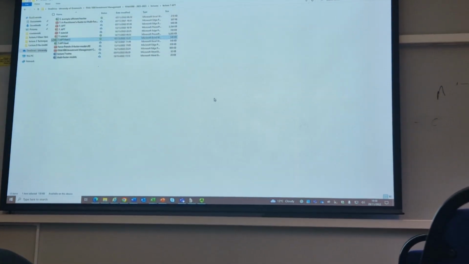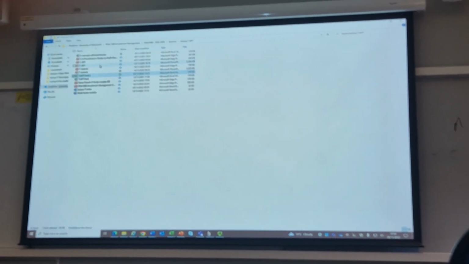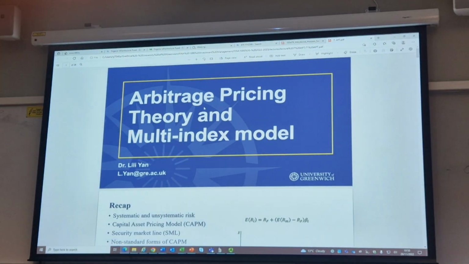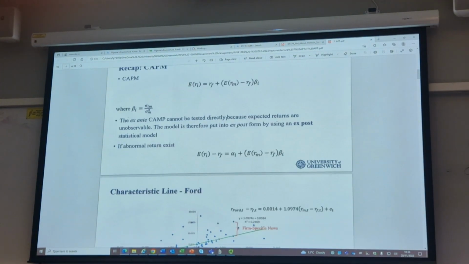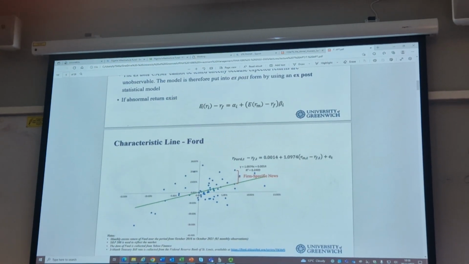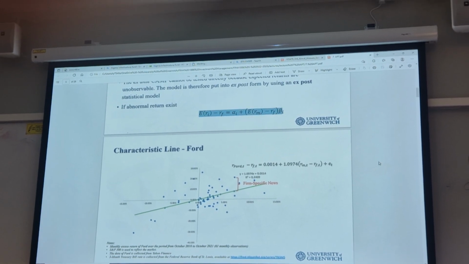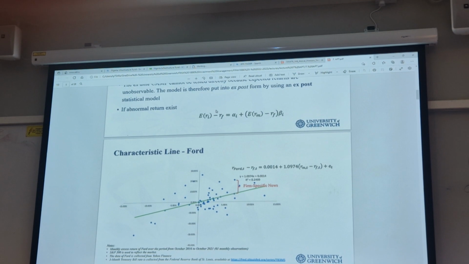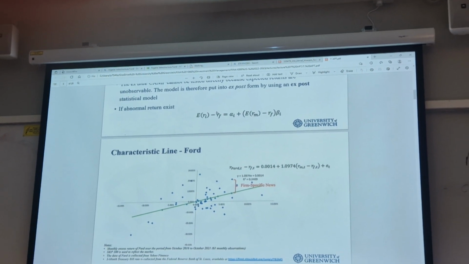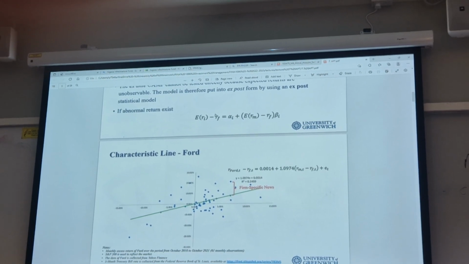Do you still remember the CAPM model? This is basically the equation to show the expected excess return, given a certain level of market risk and the beta.